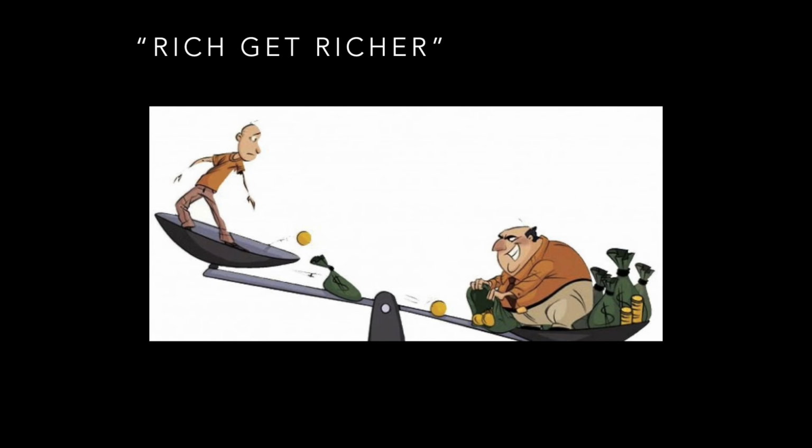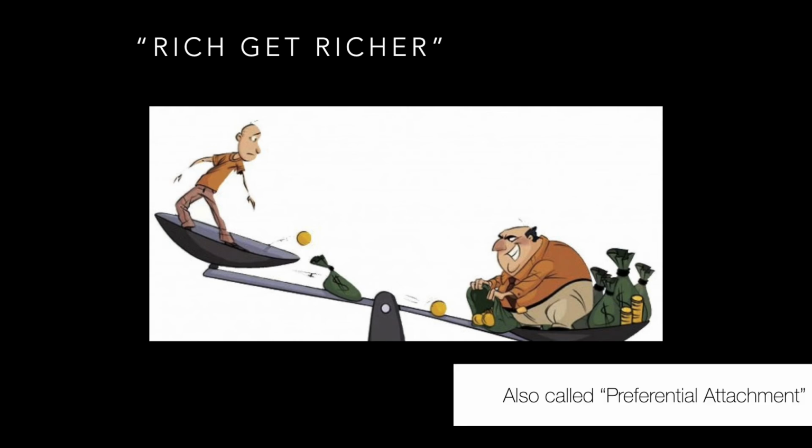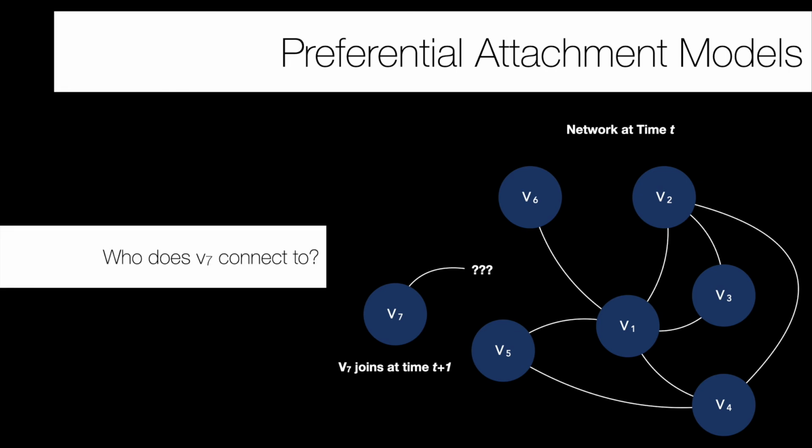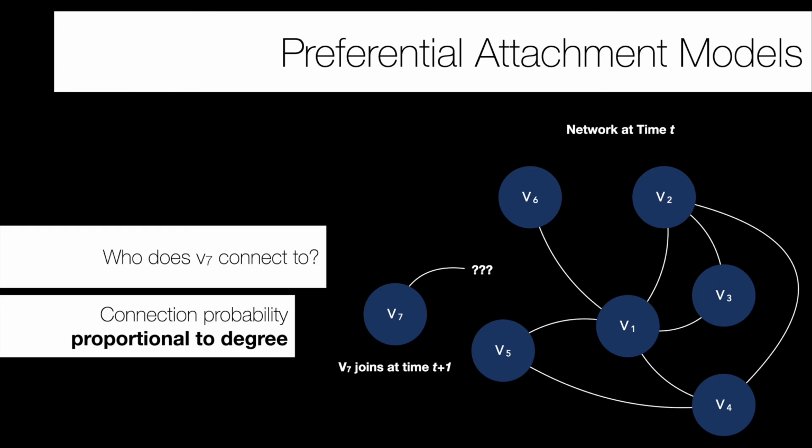Ultimately, though, the key insight beyond the dynamic quality of graphs is this idea of the rich get richer, also called preferential attachment. So when we have a given network at some particular time slice t, and a new node comes in and wants to join this network at t+1, it has to make some decision. Who does v7 connect to? Who does this new node connect to in the graph?